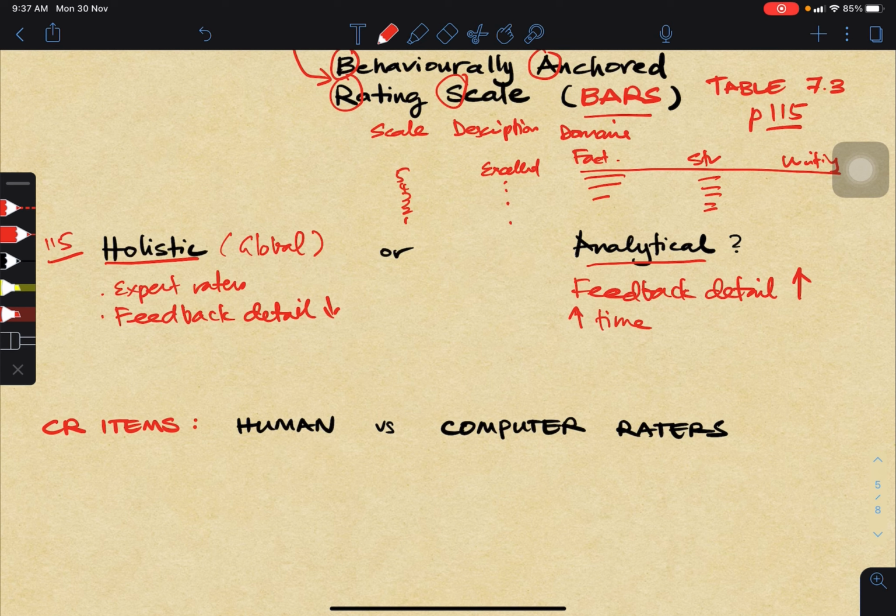For example, if you have too many domains, they are most probably not that different from one another. So if you do well in domain A, you also do well in domain B. The logic is, then why do you need two domains? You can just have one domain. So the discussion here, you have a look.